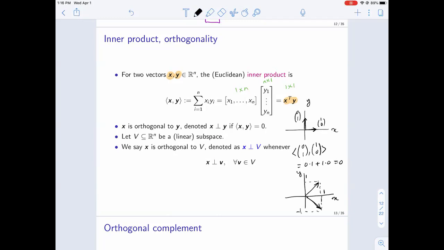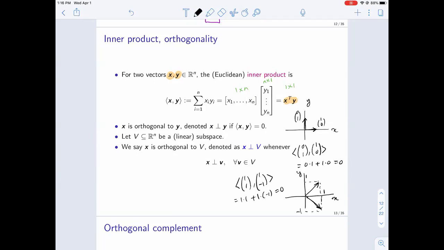So geometrically you can see they're orthogonal, and then you compute the inner product: 1 times 1 plus 1 times minus 1, and you can see it's 0.